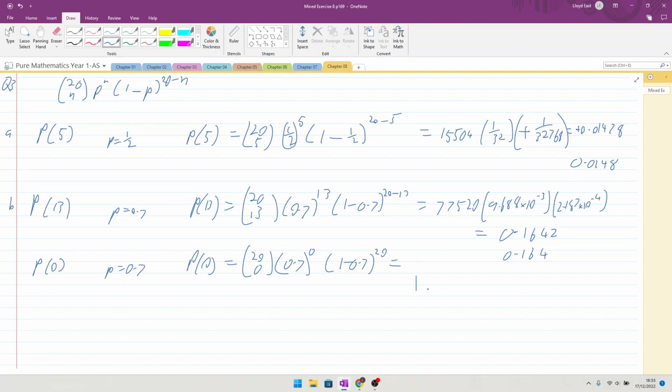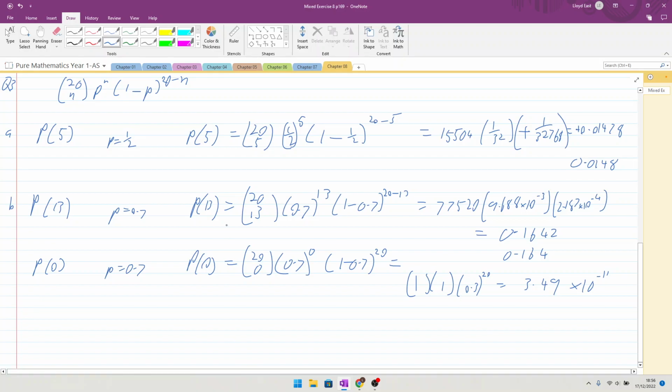Times 0.7 to the power 0 is 1, times 0.3 to the power of 20, which is 3.49 times 10 to the minus 11.